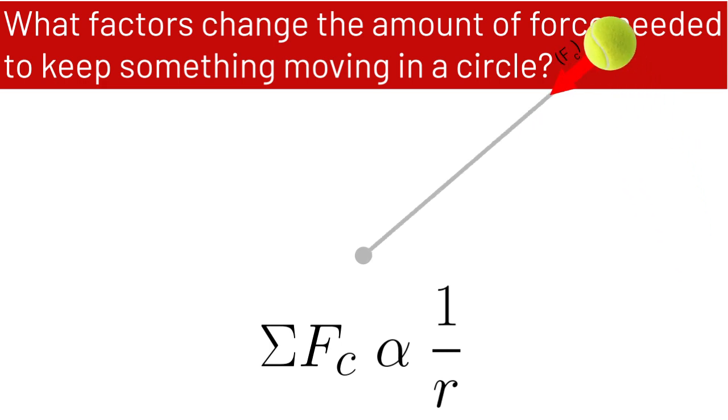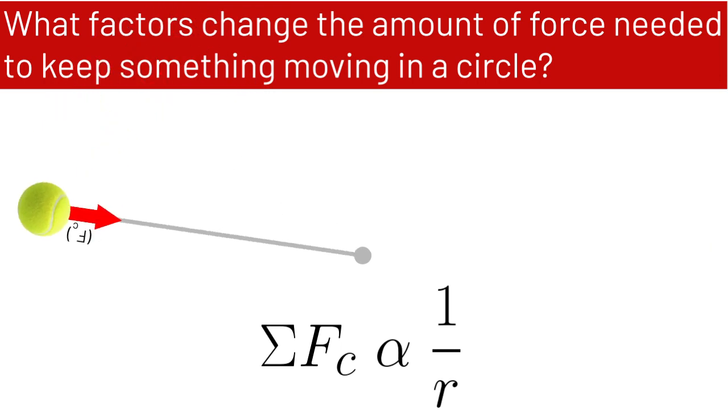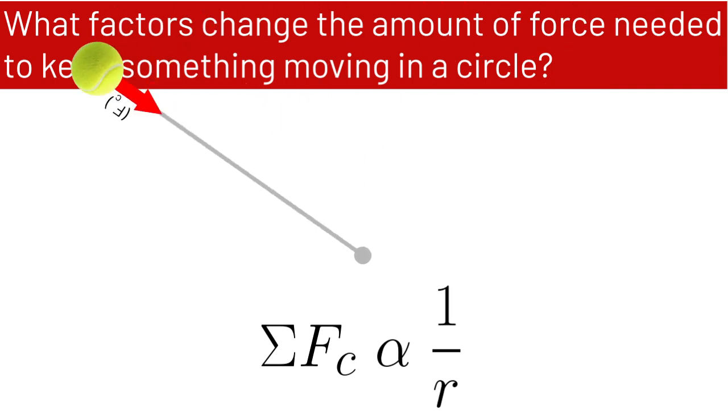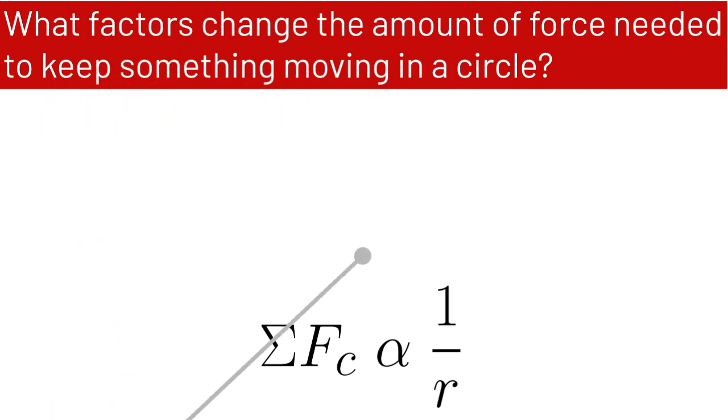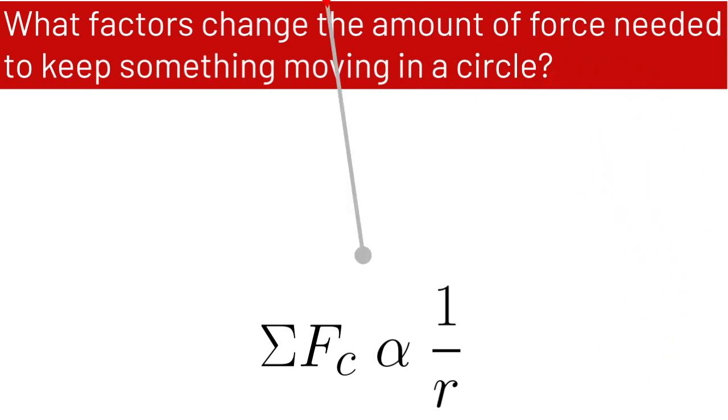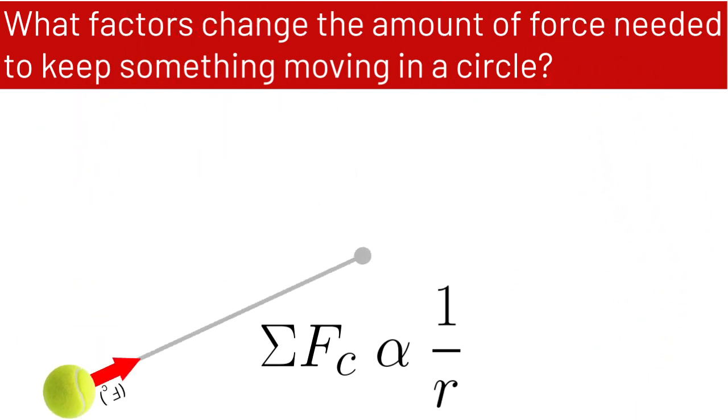Well, here we have the same tennis ball with the same longer string, and you can see from the equation, or from the proportionality, that the force is inversely proportional to the radius. So the greater the radius, the less force is necessary to keep the ball spinning in a circle.